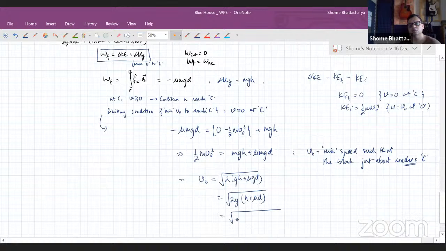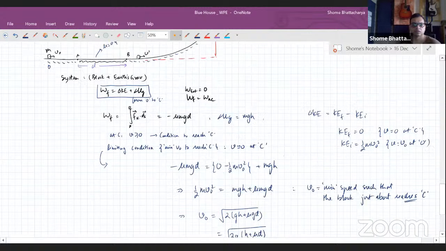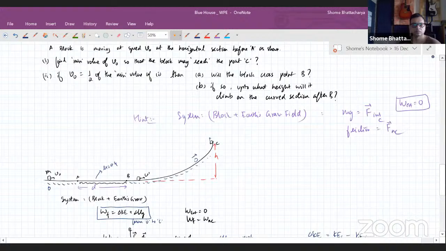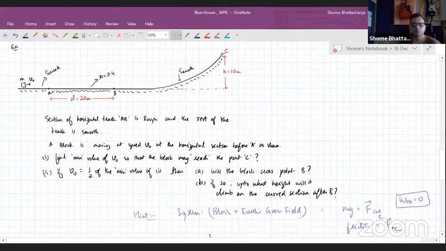So we can solve this now. 2 into 10, h was how much? 10 meters, and mu was 0.4, and d was 20. Right, these were the values. Yeah, d is 20, h is 10, and mu is 0.4.